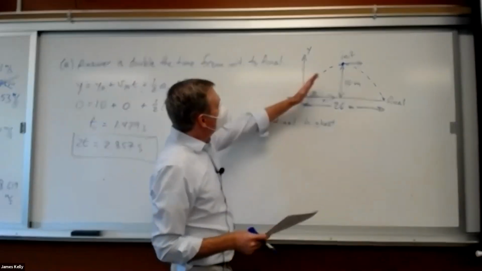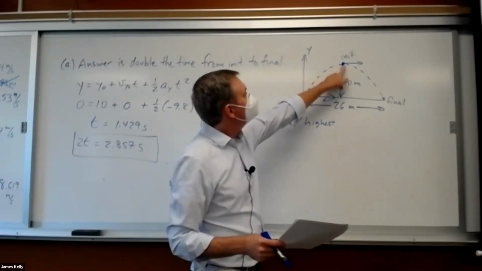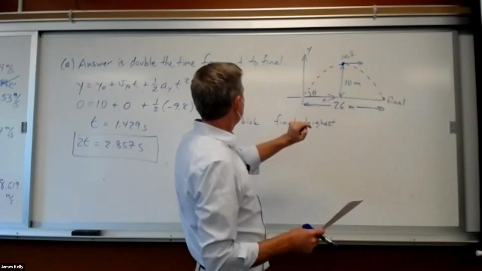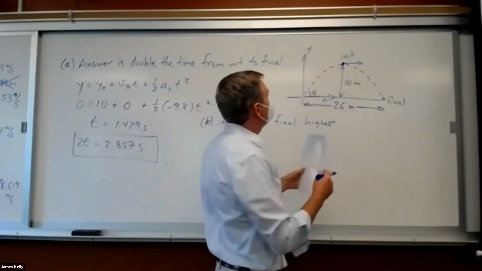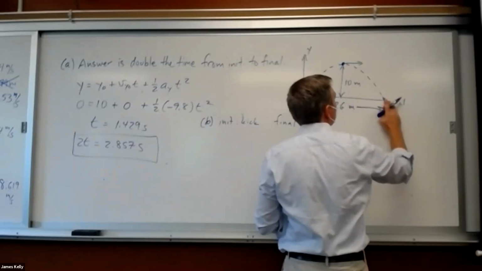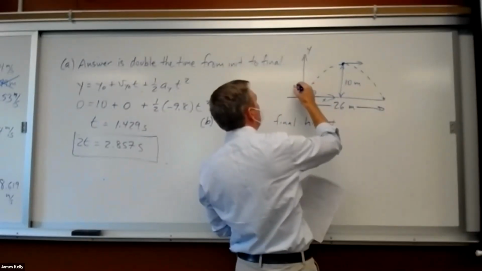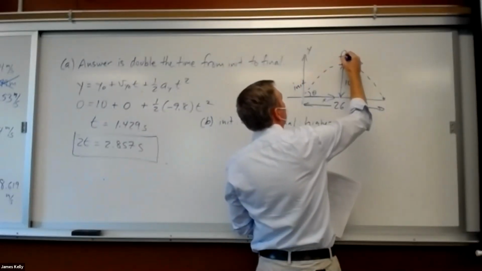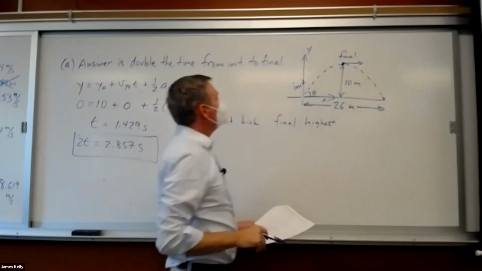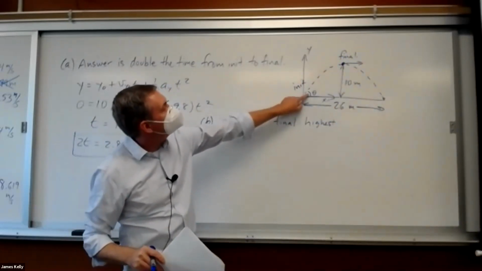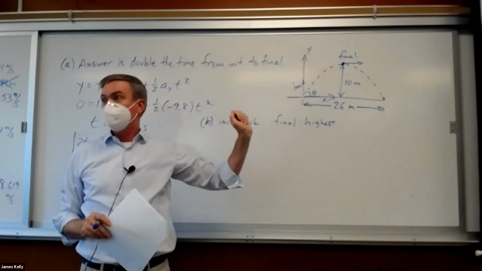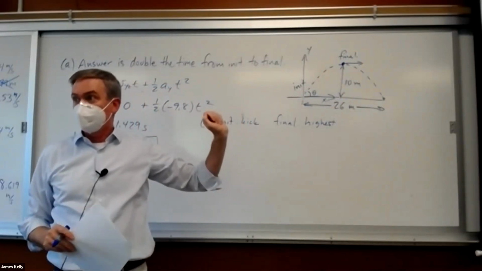In this case, if I chose my initial to be here and final there, I better change this or I'm going to get messed up because I'm getting tired. Initial, final. What that angle theta is going to come into my Vx initial and my Vy initial, right?